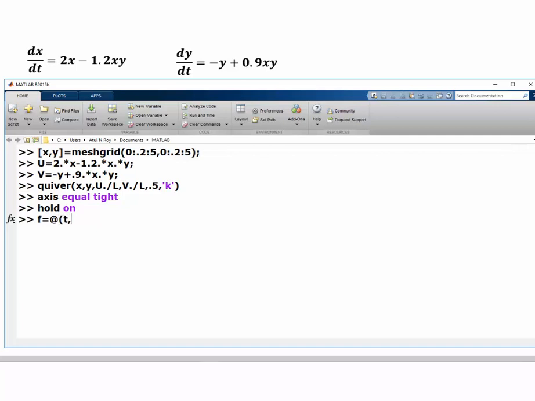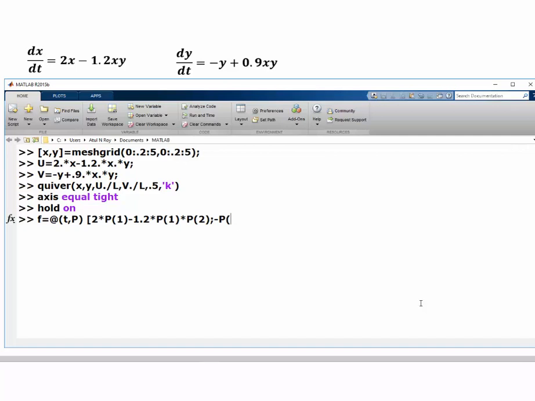Here I'm writing t, p, and p has two components, so to stress that I shall put brackets here and write the values. I get 2 times p1, minus 1.2 times p1 times p2, and then we have the second component entered in this manner.